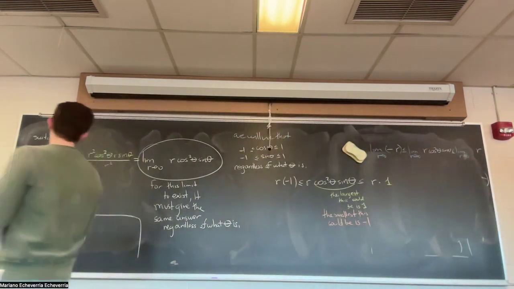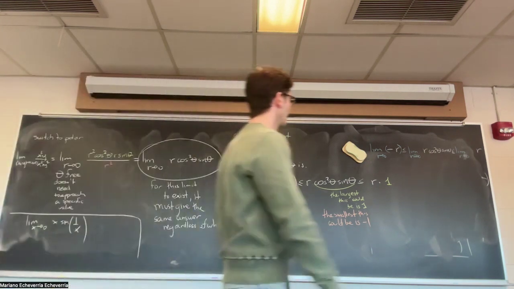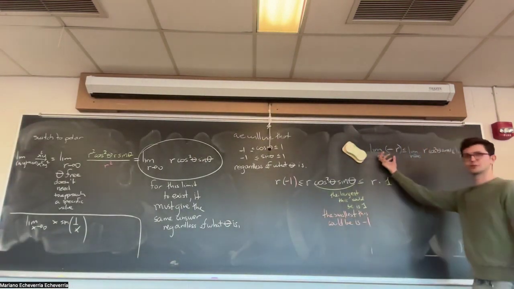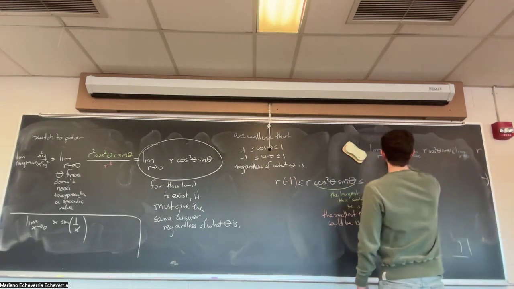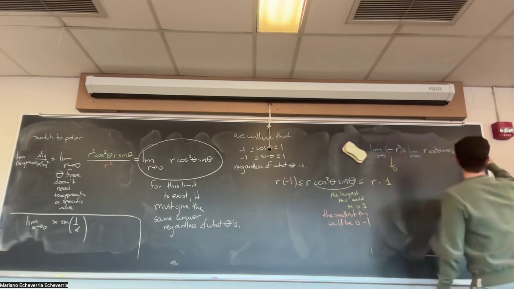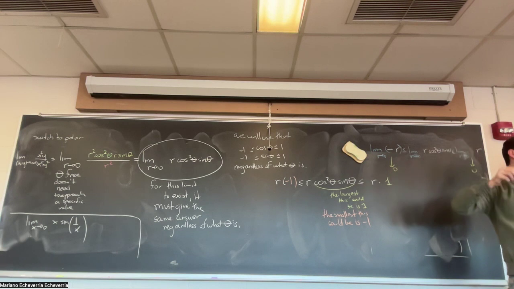The thing is that now you can say very easily what's happened with the ends of the inequality. Because as R approaches 0, this thing just goes to 0, right? And as R approaches 0, this thing goes to 0. So it forces the thing in the middle to go to 0 as well.